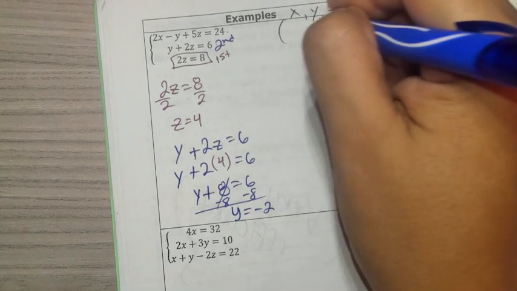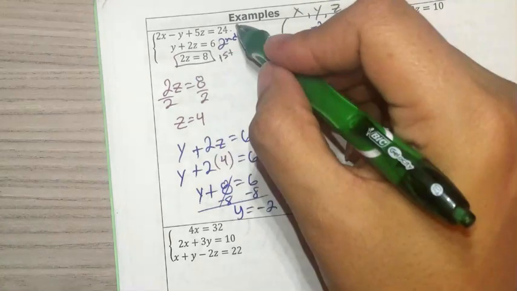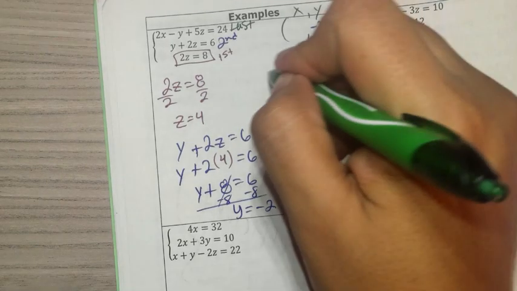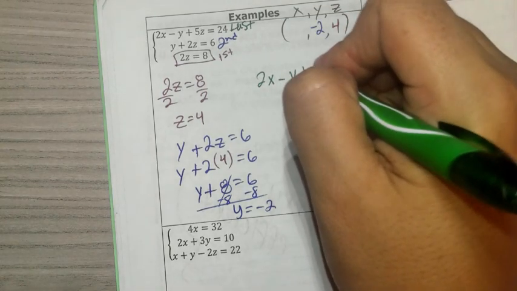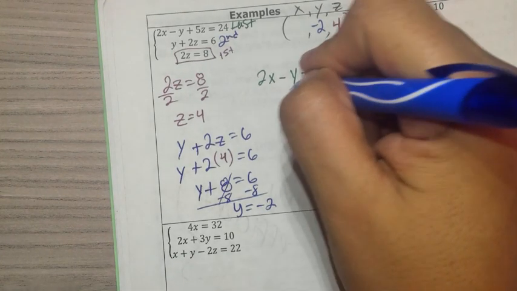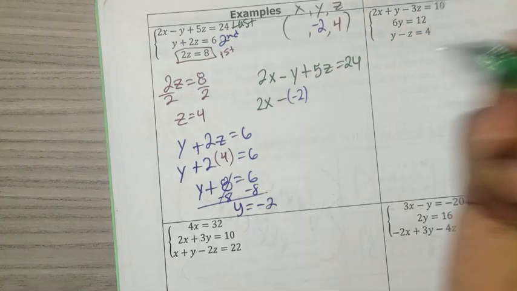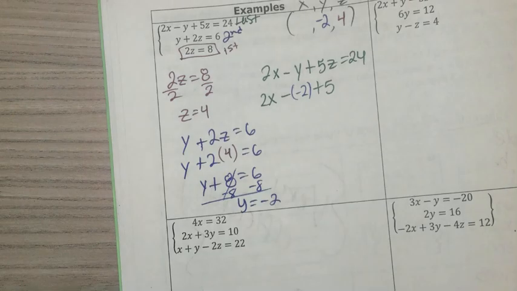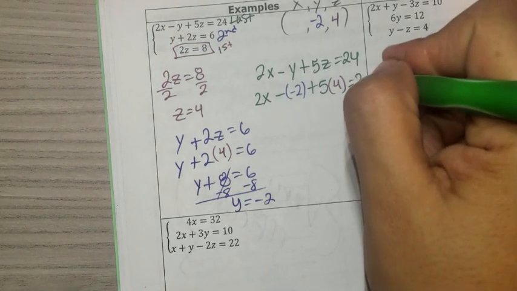So now we have the y value. And now the last part is using this y and z value on that last equation to substitute each letter. So we have 2x minus y plus 5z equals 24. And we're going to substitute the y with a -2. So we're going to copy 2x minus (-2) plus 5, and then we substitute the z in there, which was a 4, and that equals 24.